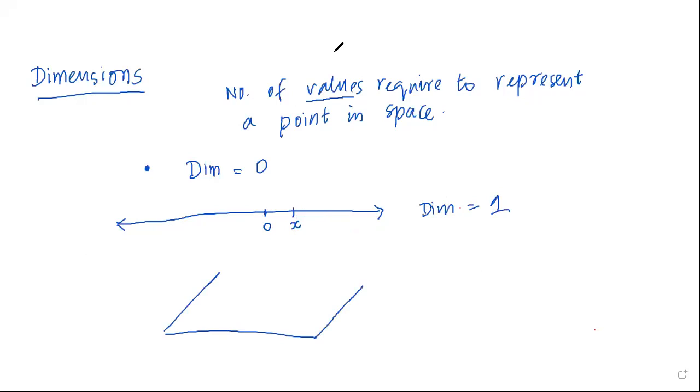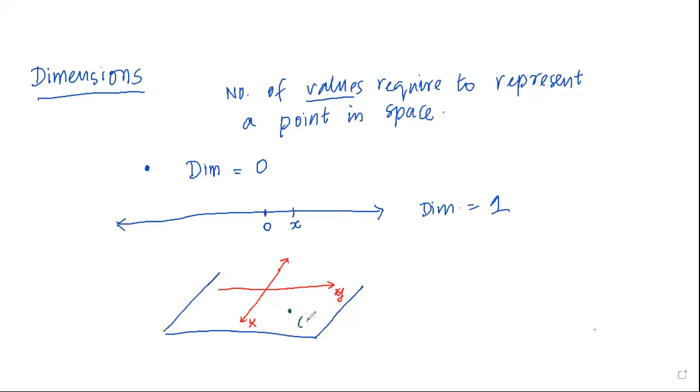So in a plane, we need 2 values to specify a point. Let's suppose first I make 2 lines. I call them x-axis and y-axis. This is x-axis, this is y-axis. Then, if I have any point in the plane, I need 2 real numbers to represent it.